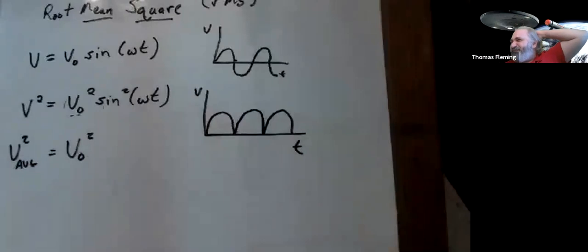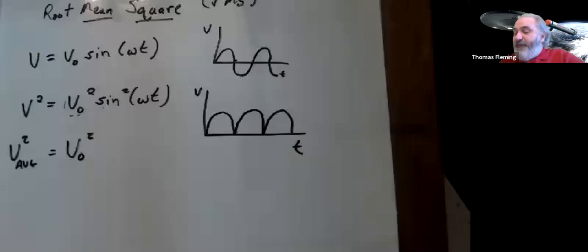Well, how will I do that? The biggest the sine squared could ever be is 1. The sine of anything can't go higher than 1 or lower than -1. So the sine squared is going to go from 1 down to 0. Remember, it can't go negative, because when the sine was -1, squaring it gives +1.